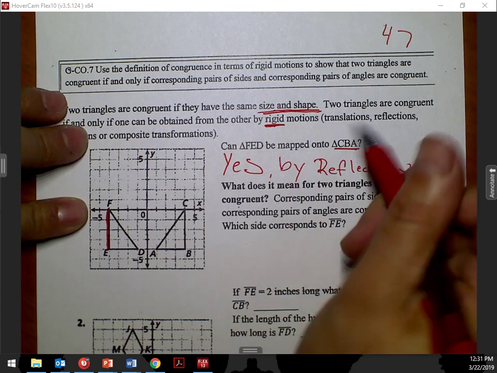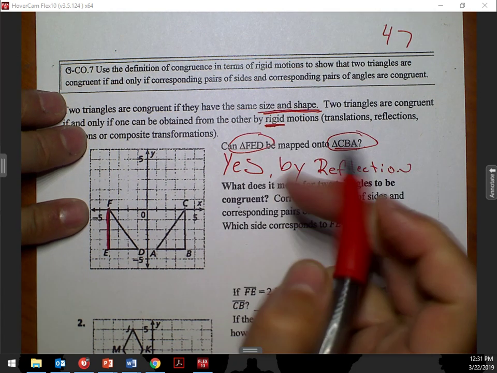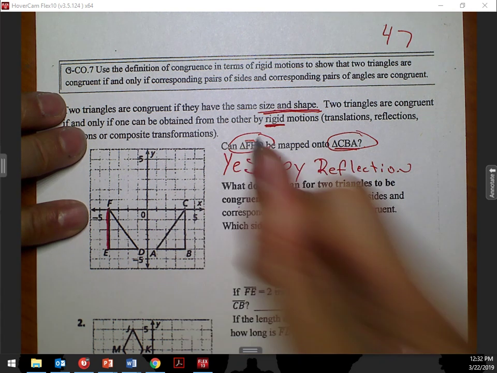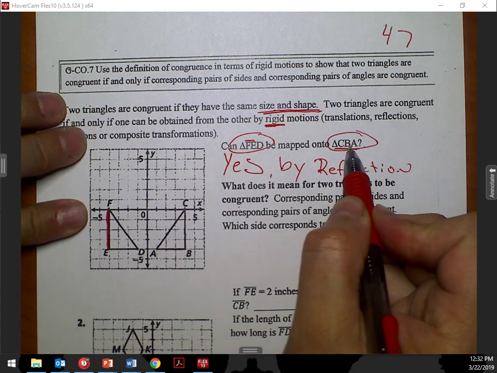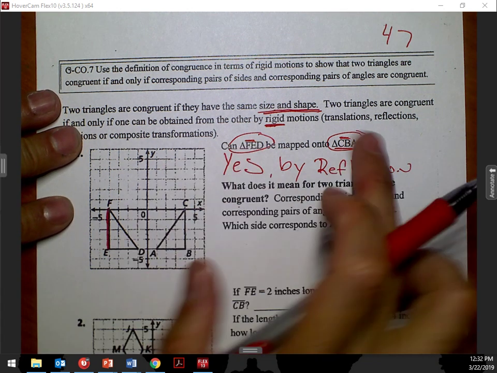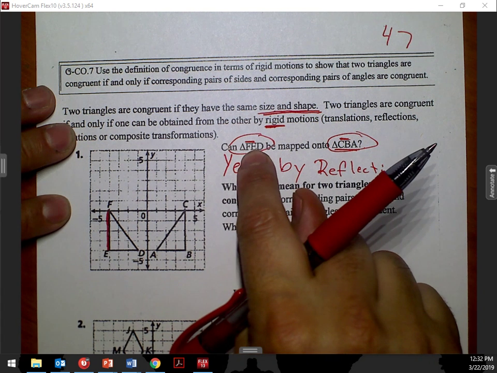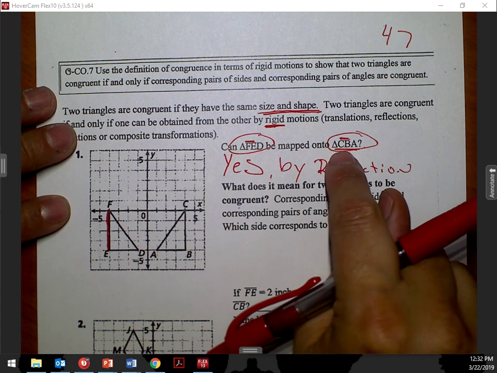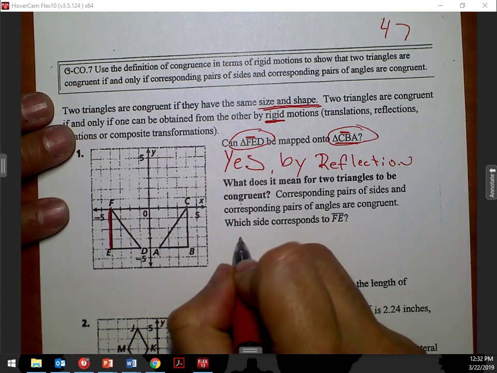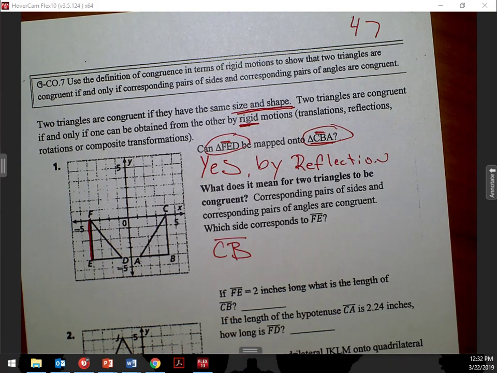If this is correct, they're in the right order, so FE goes with CB. You don't even have to look at the shape. So I'm going to put CB. Are we okay? Nothing too confusing, right? Okay, all right, let's keep going.